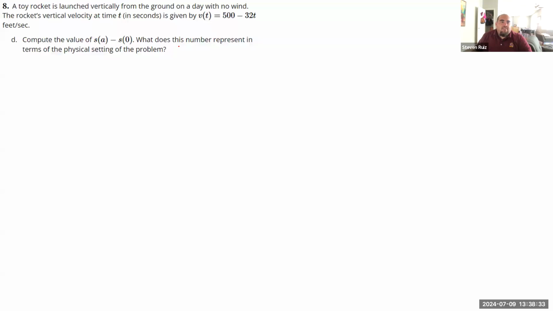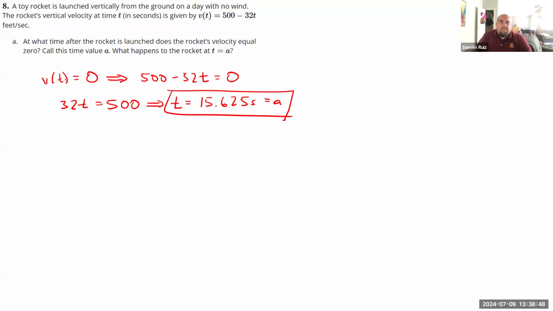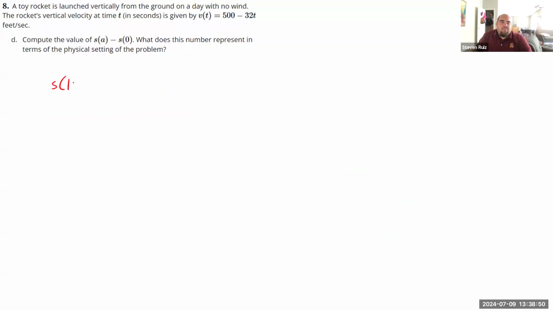All right, part D. Compute the value of s of a minus s of 0. Okay. It might not be a surprise what we're going to get, or maybe it is. So let's do this. What is a? 15.625 minus s of 0.